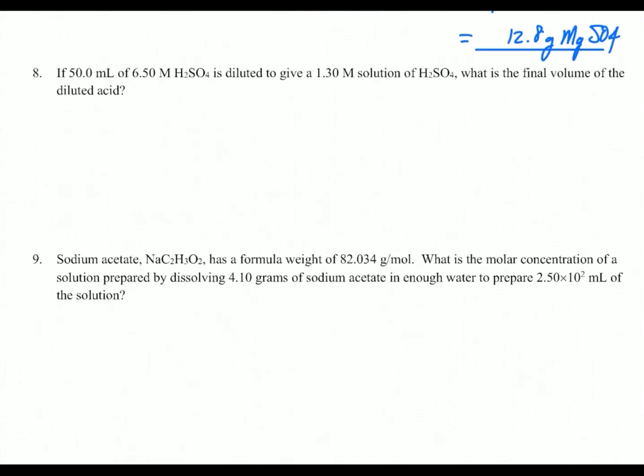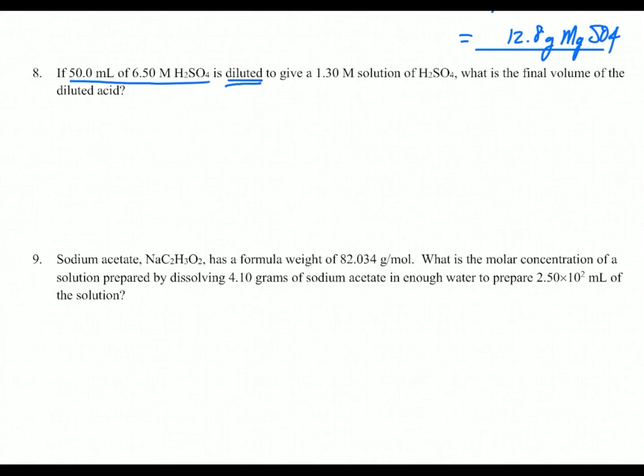Let's look at the next one. It says if 50 mL of 6.50 molar H2SO4 is diluted to give a 1.3 molar solution, and it wants to know, when you add enough water to make it 1.3 molar, what the final volume is going to be. This is a dilution problem, so you're going to use the dilution equation.